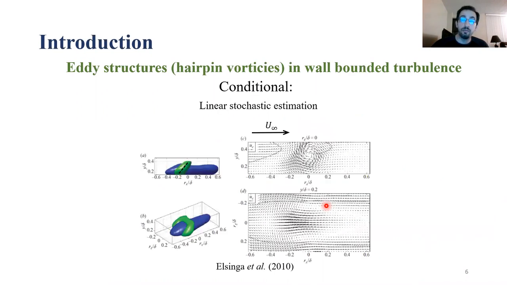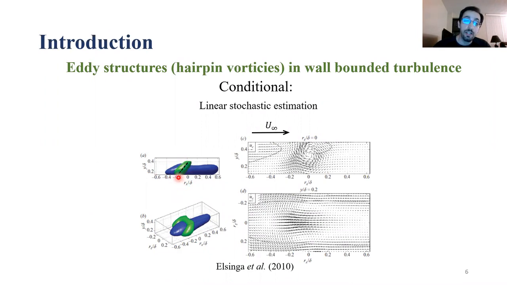But we can also conditionally average the eddy structure. Elsinga et al. used linear stochastic estimation to conditionally average the eddy structures. Now these figures show these conditionally averaged structures.